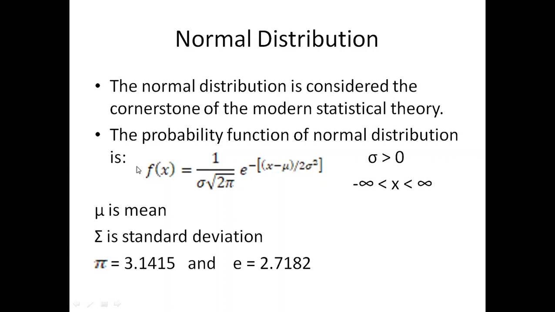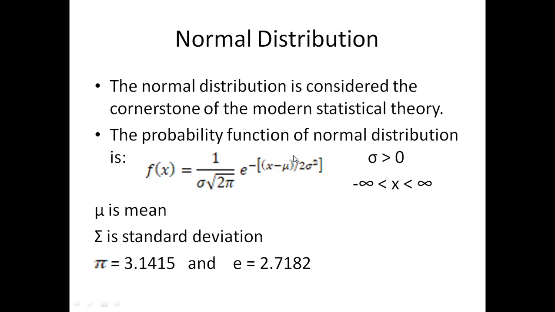Now, as I have told you before, and we discussed in the last lecture, every distribution has its own probability function. So the probability function of the normal distribution is f of x equals 1 by sigma square root 2 pi, into exponential to the power of minus (x minus mu) squared divided by 2 sigma squared.